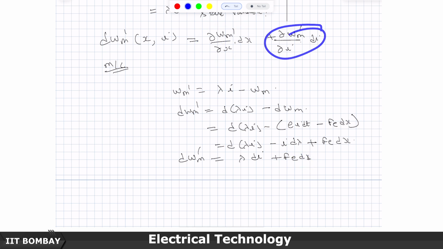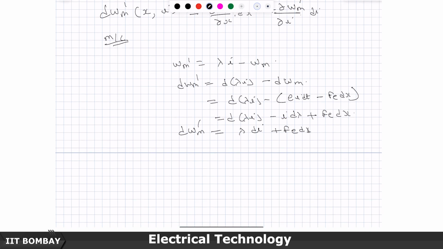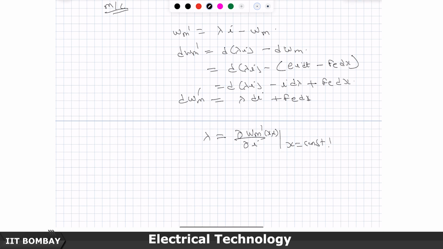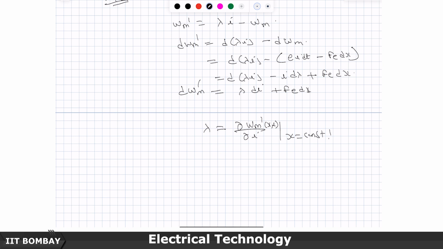So, this one will get equated with this, and I come to the conclusion that lambda will be the partial derivative of this with respect to I, which means x is as if it is a constant, because this is a function of x and I.